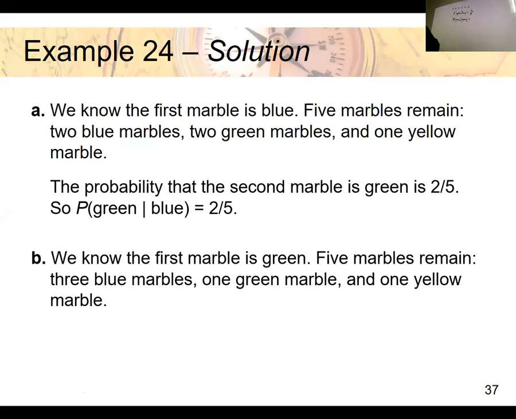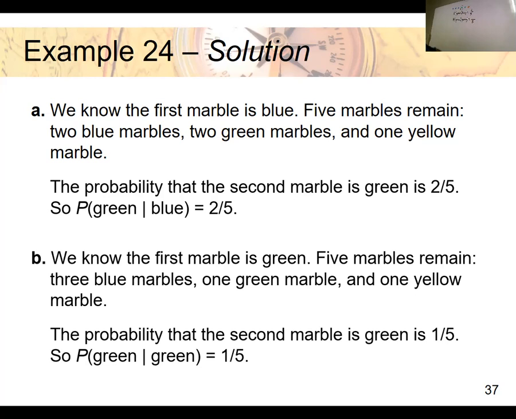All right, so we know the first marble is green. That means that there are going to be 5 marbles remaining. So if I circle one of these green marbles, which is given, that means that there are 5 marbles remaining. In this case, 3 blue, 1 green, 1 yellow.